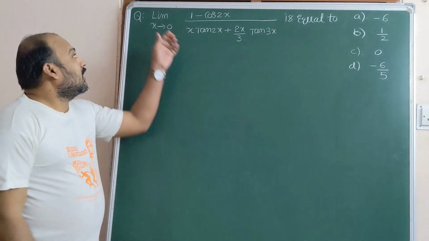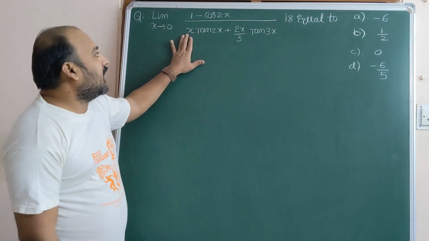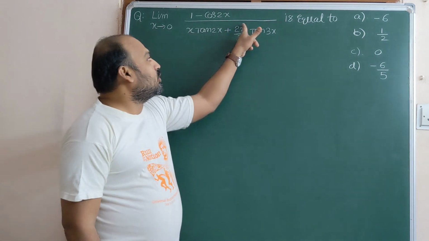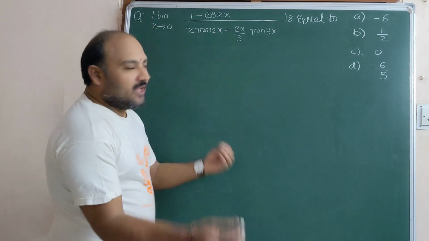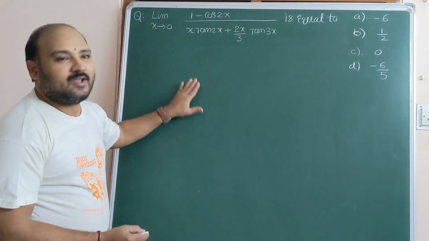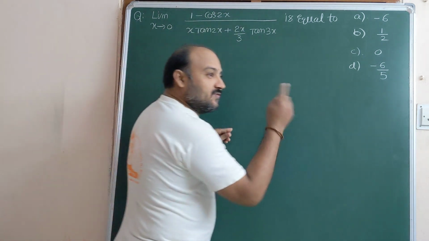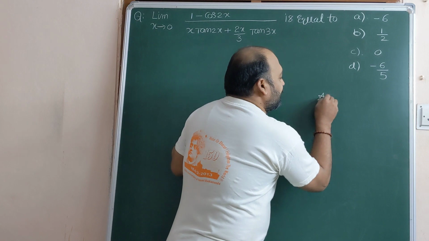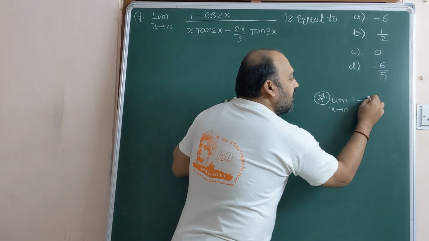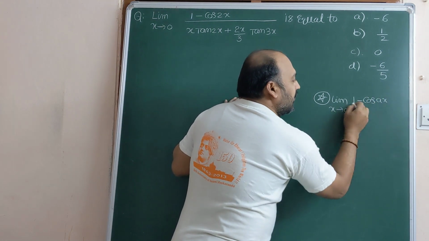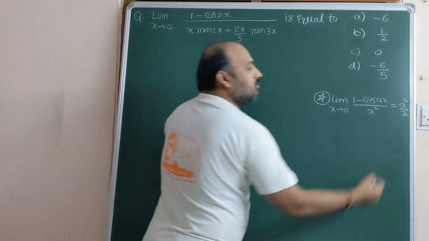The next question. Limit x tends to 0 of (1 minus cos 2x) divided by (x tan 2x plus 2x by 3 tan 3x) is equal to. So here also, first what formulas am I going to apply? I will write for your convenience. The first formula: limit x tends to 0 of (1 minus cos ax) by x square is equal to a square by 2.